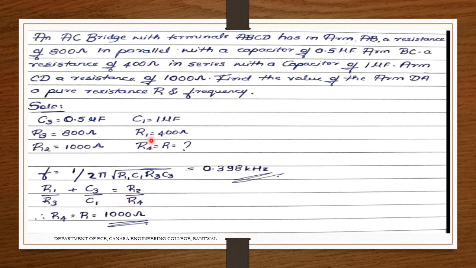R1 is given, R3 is given, C3 is given, C1 is given, R2 is given. So we need to find R4. Substitute the values and you will get R4 is equal to 1000 ohms, or we can write it as 1 kilo ohm.